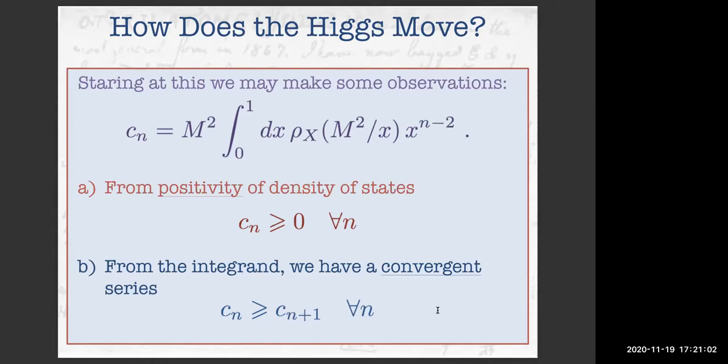In those cases, the decoupling theorem might break down. So I can imagine that it's not just a function of m squared by x, it could be, for example, some function of m squared by lambda squared by x, where m over lambda is some finite piece, just like m top by y top is v, which is held fixed.